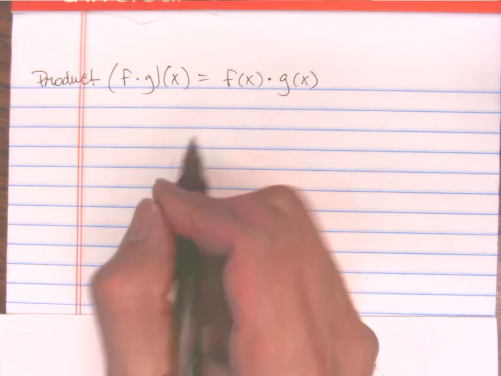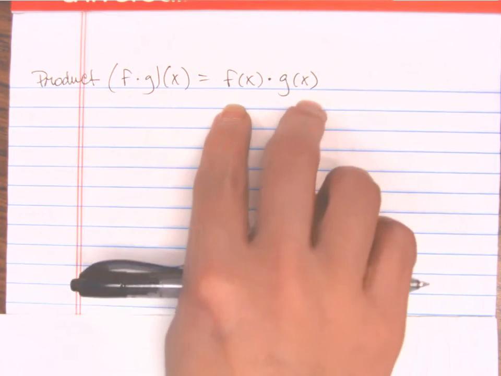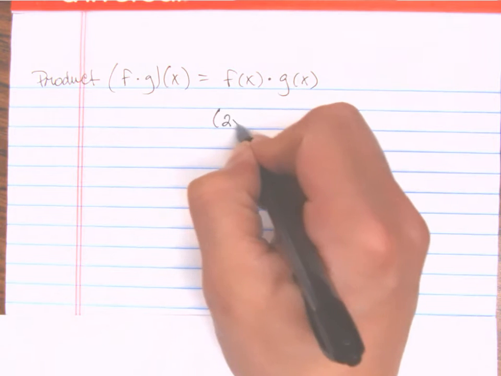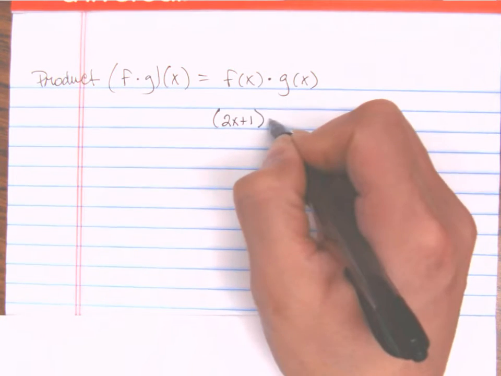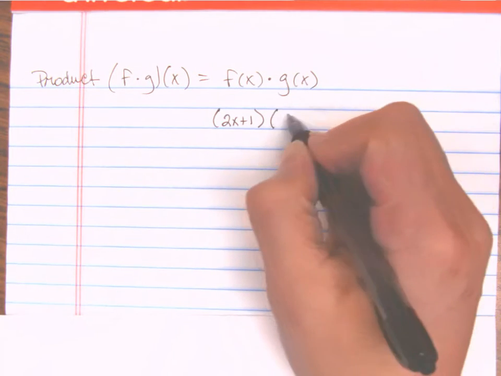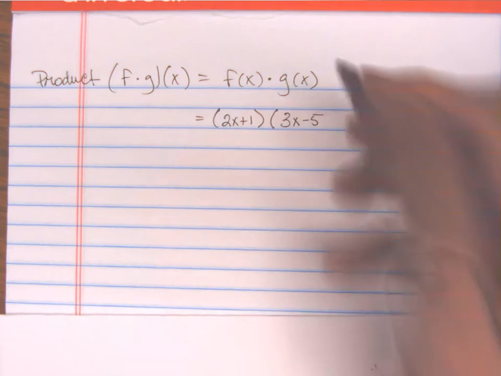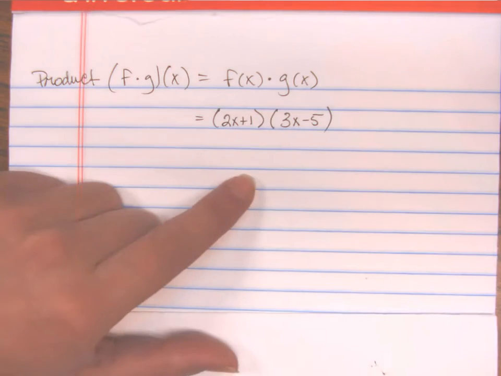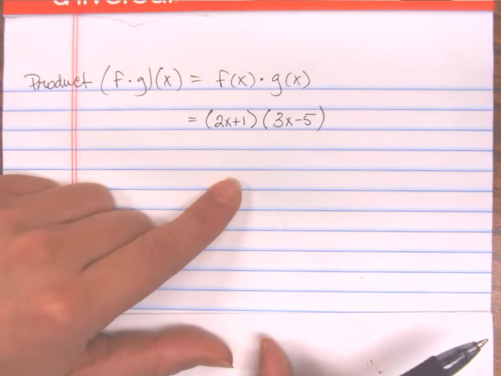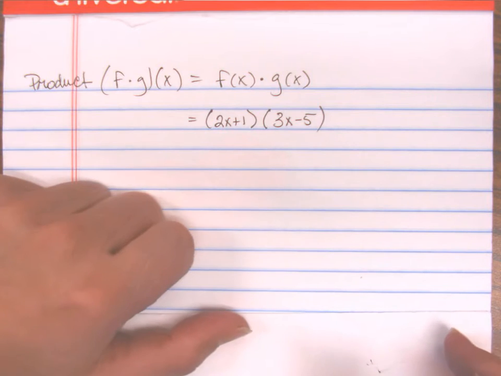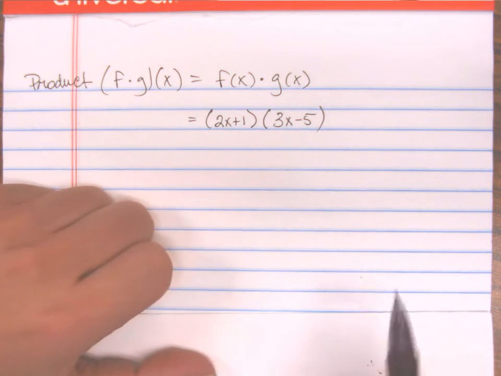So f times g of x, right here, we've got 2x plus 1 for f of x times g of x, which is 3x minus 5. Okay, so here I have my two sets of parentheses, but I need to multiply them together, so I need to FOIL it in order to clear my parentheses.